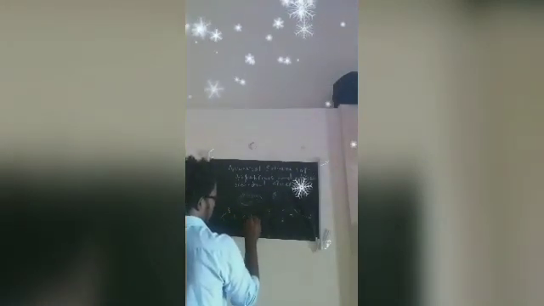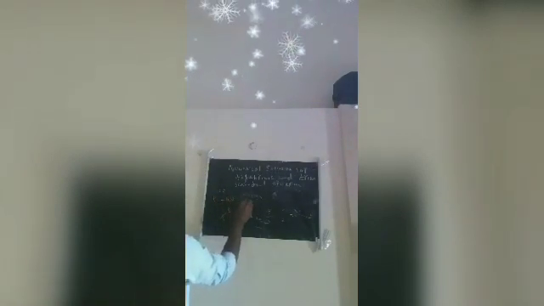For example, x cubed plus x plus 1 is equal to 0. This is also a polynomial. x to the power of 100 minus 10x is equal to 0. These are examples for algebraic equations or functions.